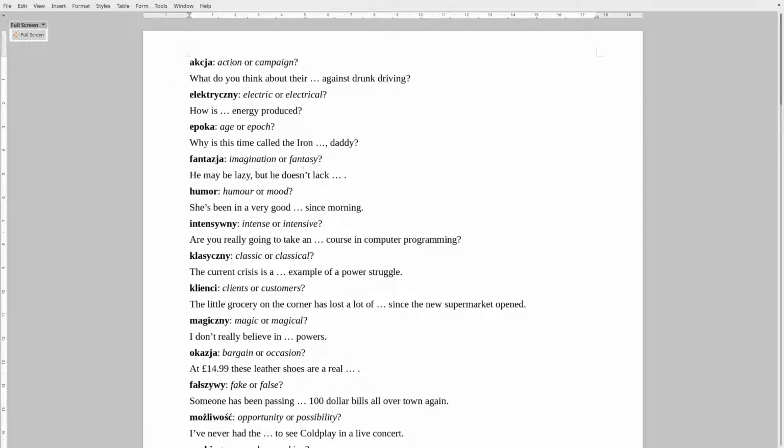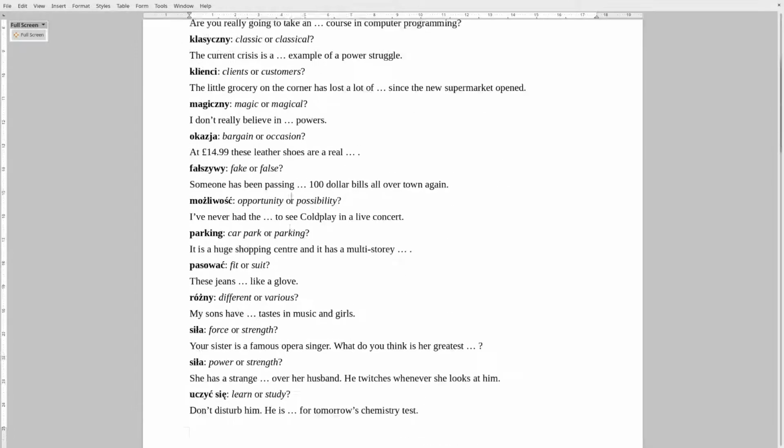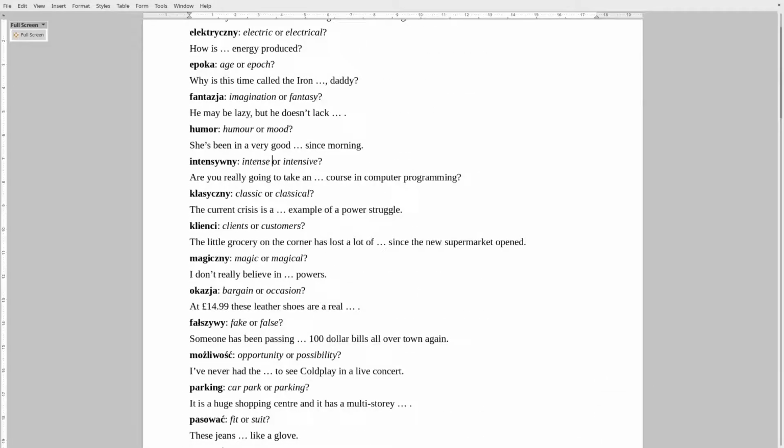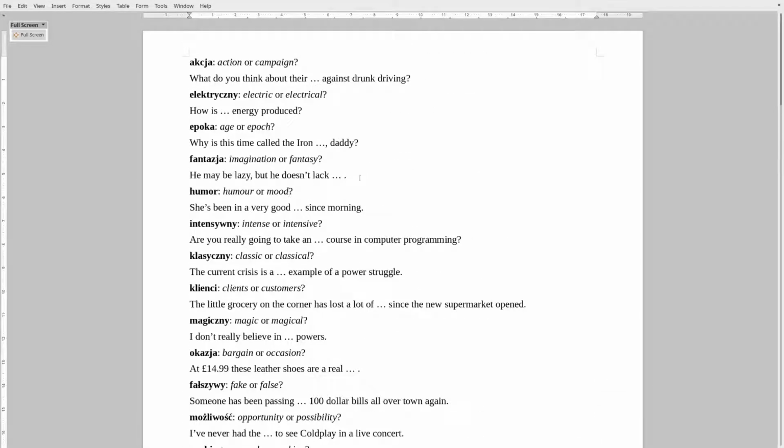So as an example, akcja przeciw czemuś, right? So what's the English equivalent? Action or campaign, right? So go over these sentences and make your choices in each case. Pause the video and then we'll discuss it.